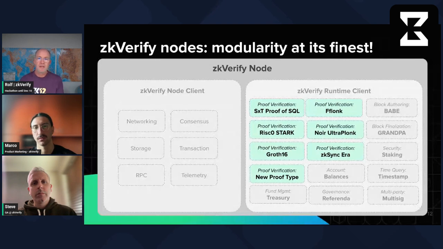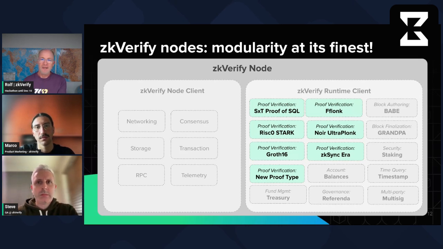In the system that's set up, once 2 of 3 validator nodes verify the proof, it gets put onto the blockchain, and the blockchain has a 6-second block time. So as soon as it's on the blockchain, anybody can, with regular blockchain tools like a block explorer, and Steve's going to talk about those tools in a little bit, see that the proof was verified.